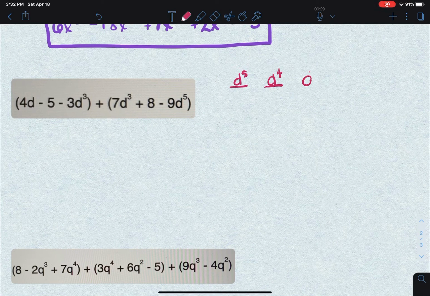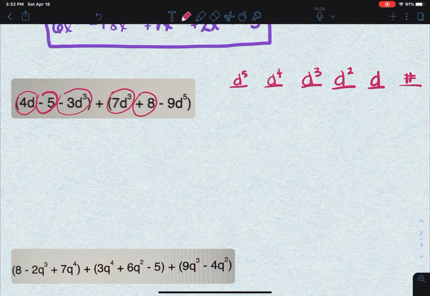So 4th, 3rd, 2nd, d, and then my number. Don't worry if you're not going to use all the columns. Just make sure you have them in case you need to. Then I'm going to take each one of my terms, and I'm going to make sure it gets sorted in the right columns.